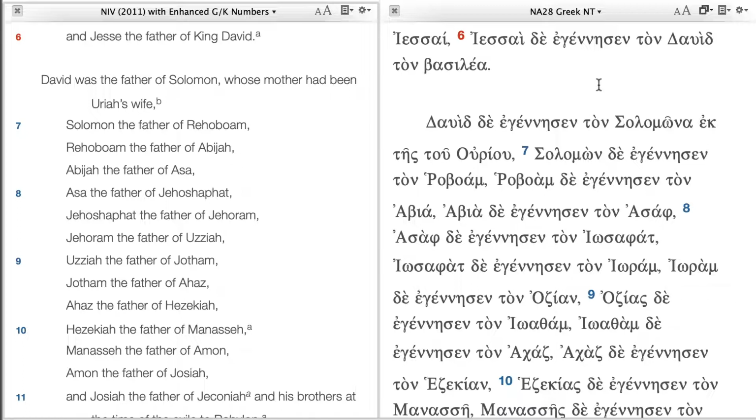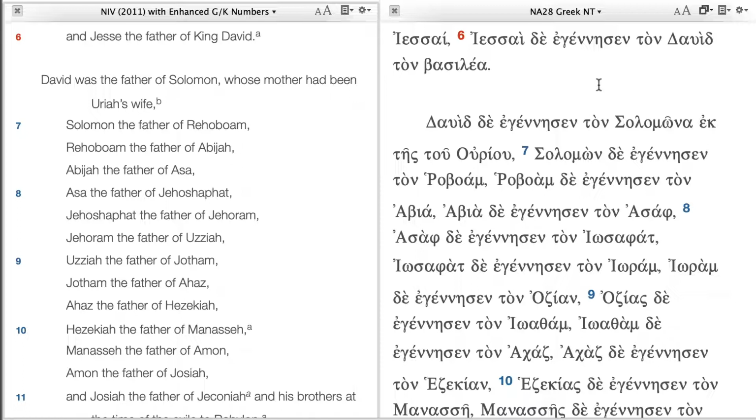I actually disagree with that. I think that this case is a special case, and to delete her name here is a kind of protection of David, I think. To say that, even in the translation here, to say that Solomon's mother had been Uriah's wife is to protect David from certain kinds of criticism. Right?